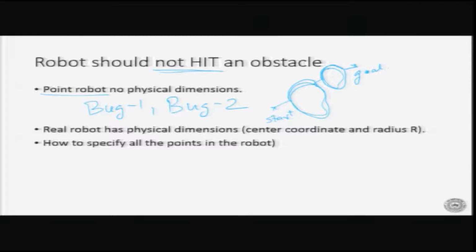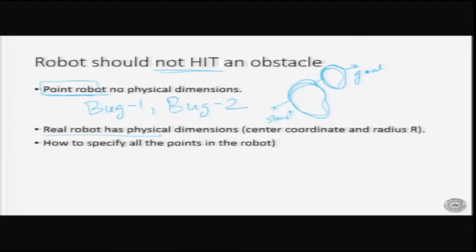Here we are making the assumption that this is a point robot with no physical dimension. So it's very easy to check for intersection between an obstacle and a point. You know the boundary of the obstacle and the points inside it, and the point robot should not go on the boundary or inside the obstacle. This is easy to check using simple geometry.